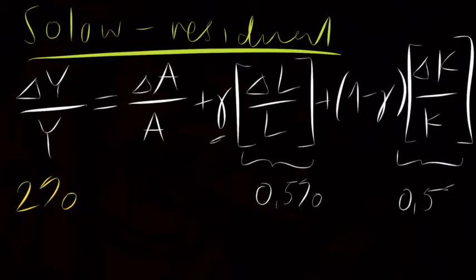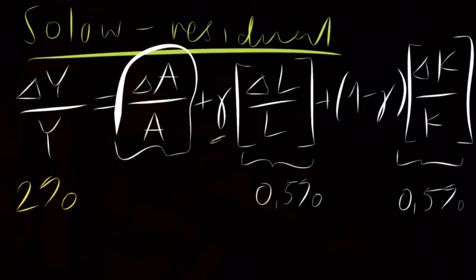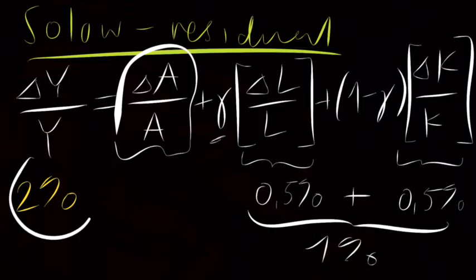So let's say we also have 0.5% of that. Now, regardless of how difficult it is to measure technology, we know what it is because these two add up to 1% and this is 2%. So this must be 1%.